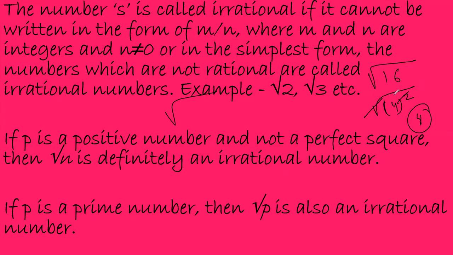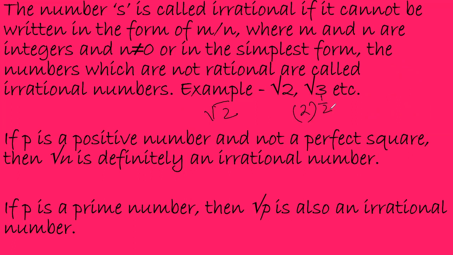Now you will ask me, ma'am, why is this root cut with this 2? Because root means what? Suppose I'm saying under root 2. Under root 2 means 2 to the power half. Under root means power half. But if I'm saying under root 4, this under root means 4 to the power half.